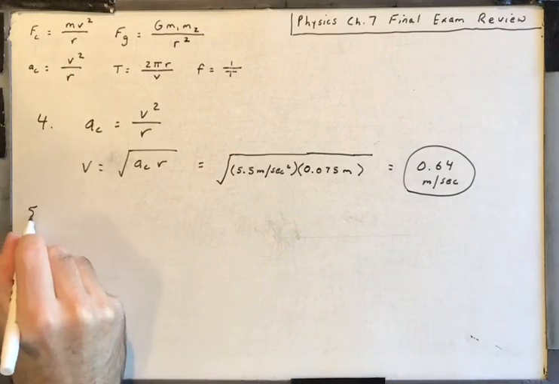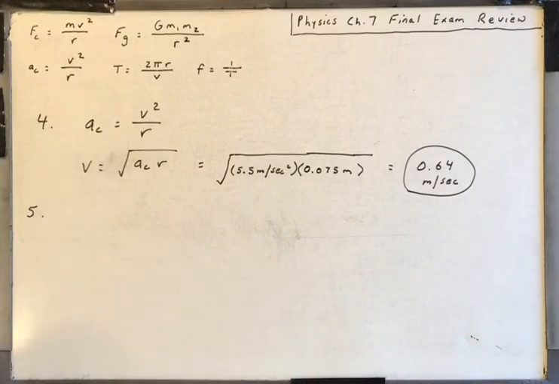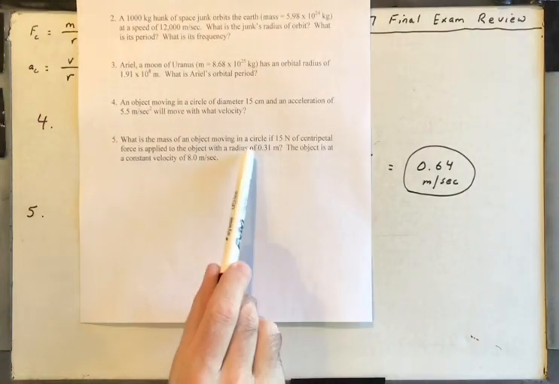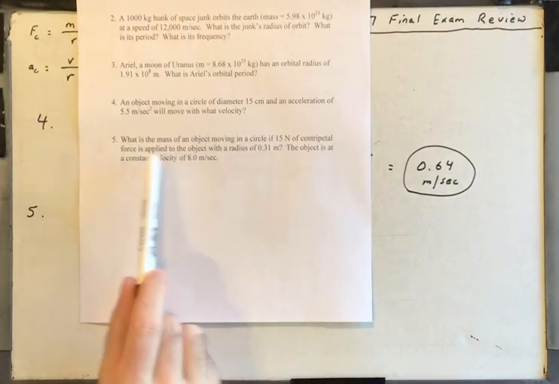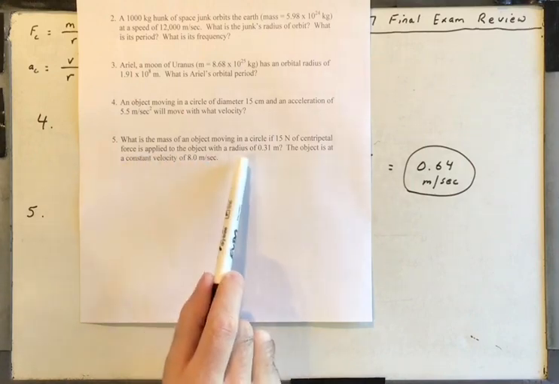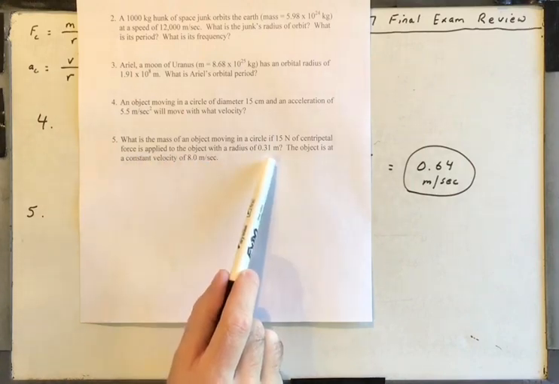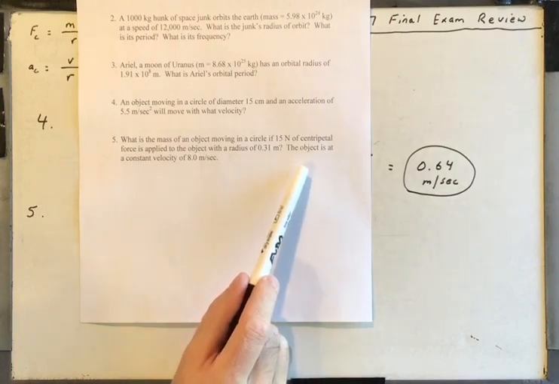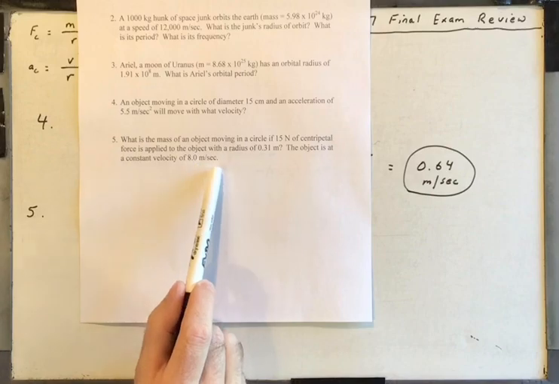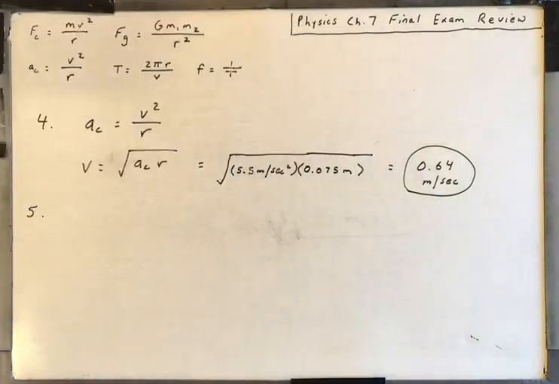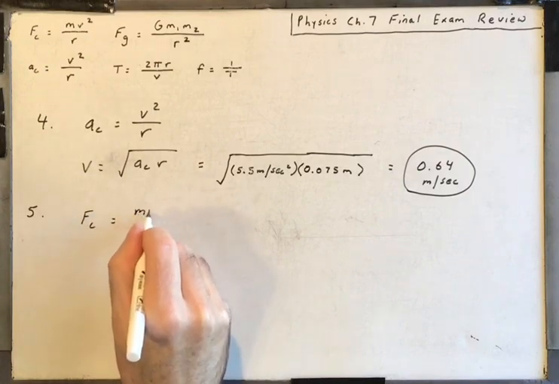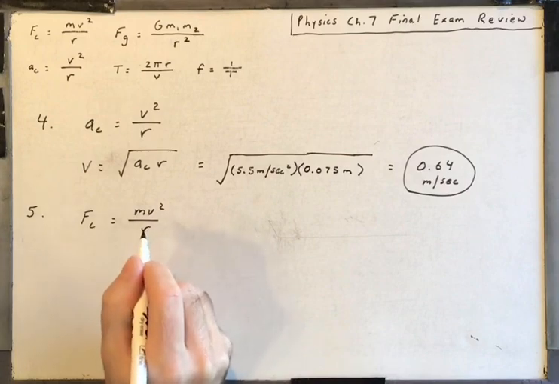And I think I can fit number 5 on the board here. What's the mass of an object moving in a circle if 15 newtons of centripetal force is applied to the object with a radius of 0.31 meters? The object is at a constant velocity of 8 meters per second. Well, this is just a plug into the centripetal force formula. F sub c is equal to mv squared over r.